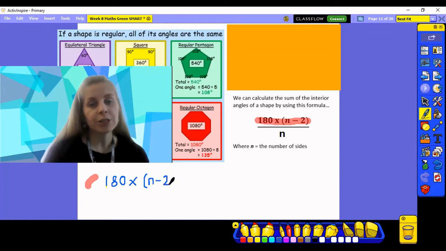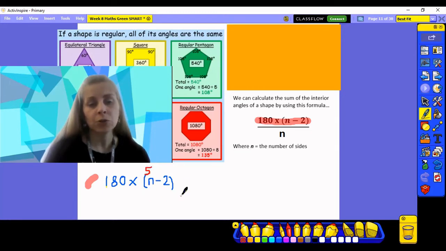You will have noticed on the formula there's a little key that says n equals the number of sides we are referring to. In this case, we're referring to 5 sides because we're talking about a pentagon. So I'm going to put my 5 there.